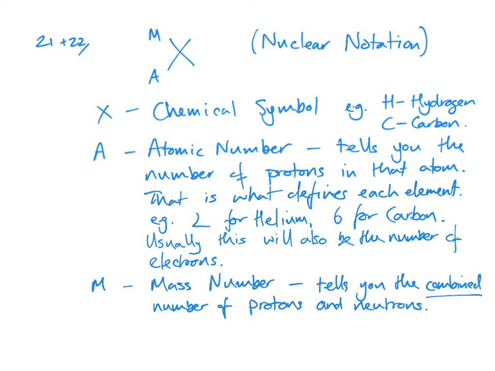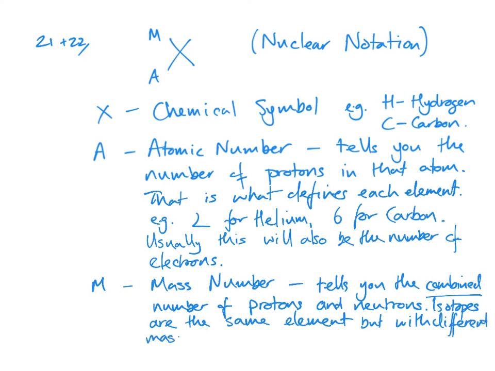So isotopes are the same element but with different mass numbers, and that's because they have more or fewer neutrons. We'll look at a couple of examples of that.